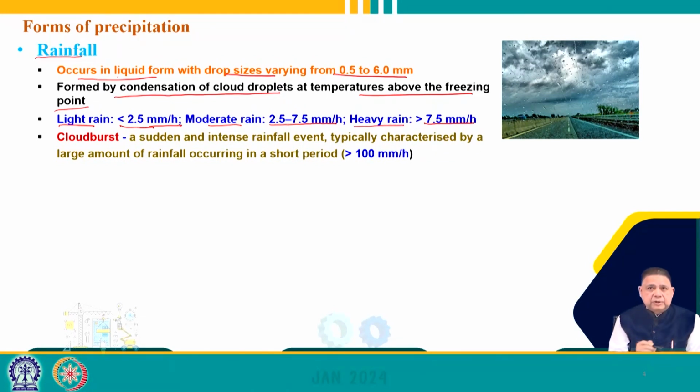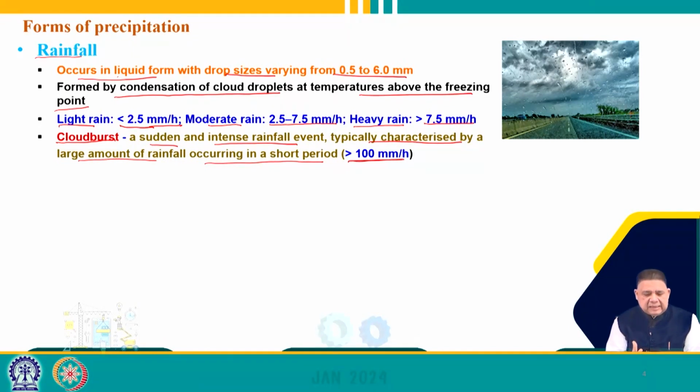But one of the terms which we are quite often seeing nowadays is cloud burst. Quite often we see in the news or read in newspapers that there is a cloud burst in, say, Uttarkashi or Uttarakhand or something like that, mostly in mountainous places. This cloud burst is a sudden and intense rainfall event, typically characterized by a large amount of rainfall occurring in a short period, and typically the intensity of rainfall during a cloud burst could be greater than 100 millimeter per hour.